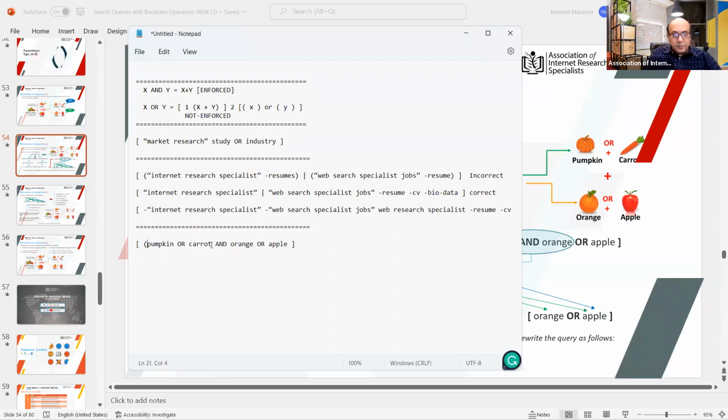So if these were groups, mathematically or algebraically, or how it should have been intended, basically being part of the algebra of how the Boolean should function, it is behaving different when you want to run it in a search query. So if the parentheses were working, it would mean that this part will get resolved first, and another group should get resolved first, and then whatever the outcome is, it should then start to combine with one another.